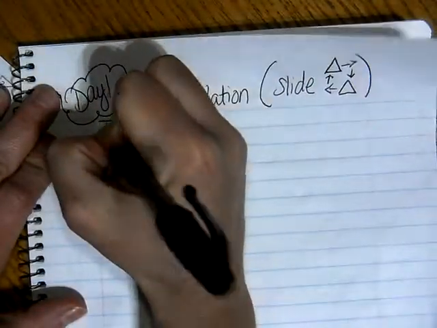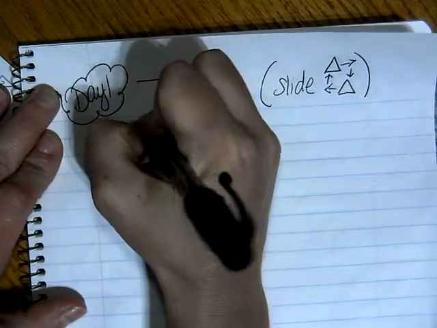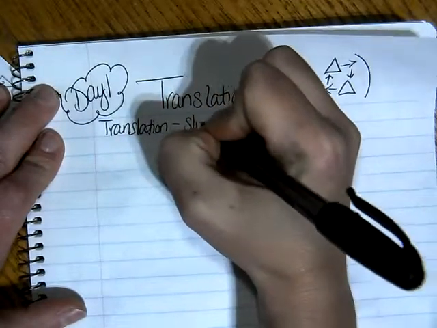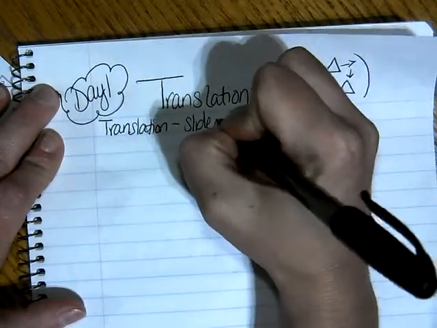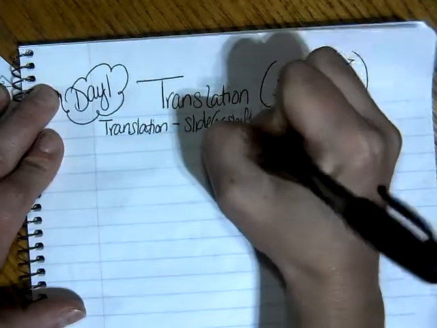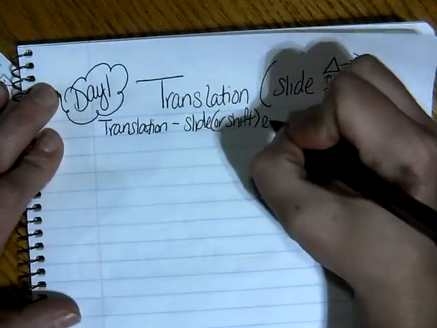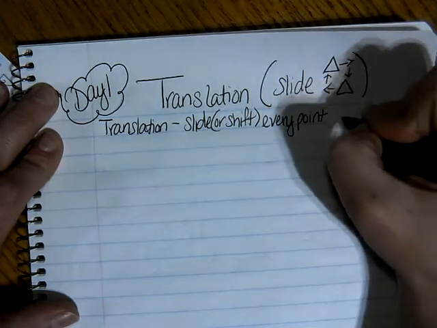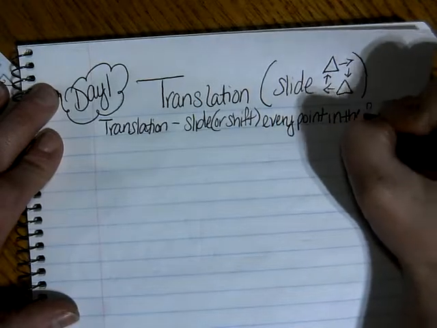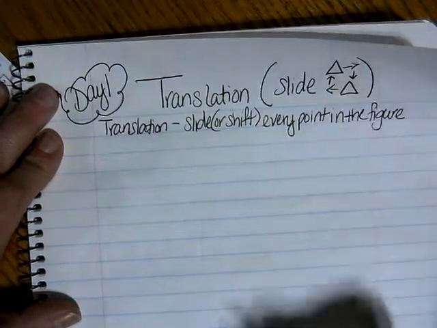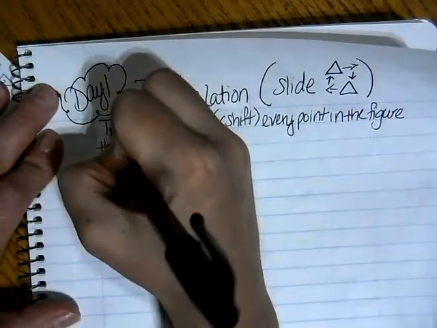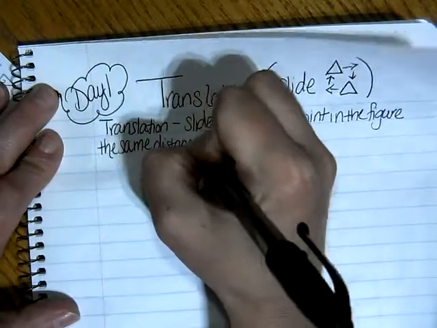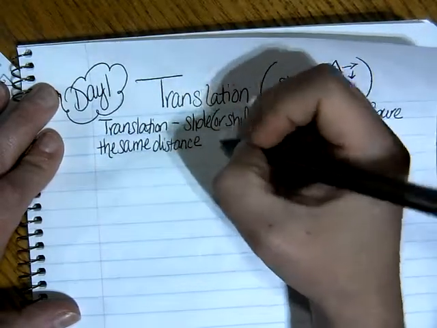A translation is just like I had mentioned, a slide. It's where you slide or shift every point in the figure the same distance in the same direction.